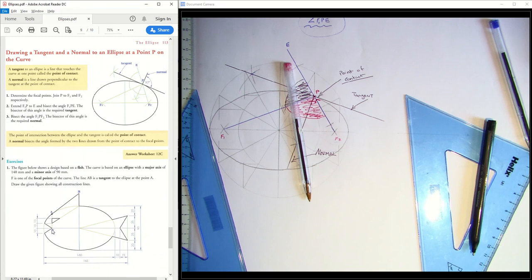You're going to join the focal point to point A back to the other focal point. Once you do that, you're going to bisect the angle, and this will get you the line AB. And then we know where that tangent finishes. It's just a straight line up from the top of the ellipse to where it intersects that tangent. That will get you point B, and you should be able to complete that question.